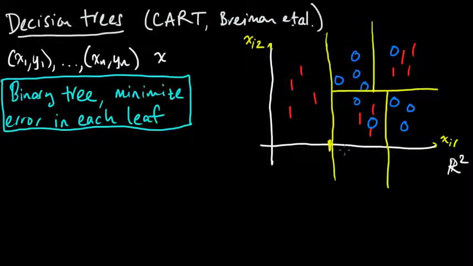So the first split I drew, maybe this happens to be at 1, maybe this happens to be 2, maybe this one's like 1.8 or something, maybe this is 1. So the first split says, is xi1, this coordinate, greater than 1?